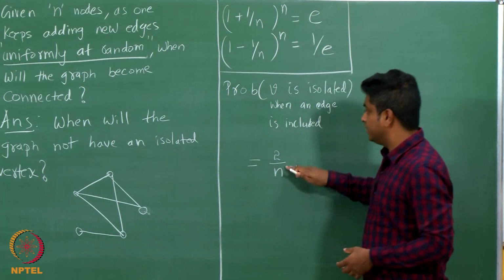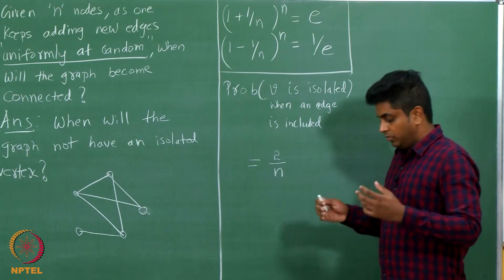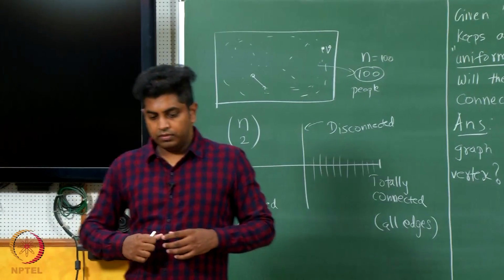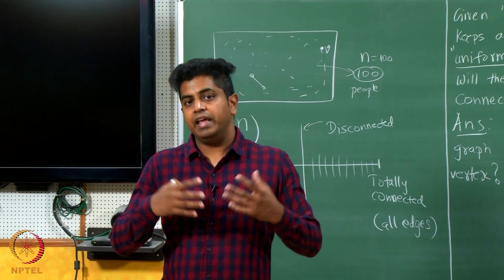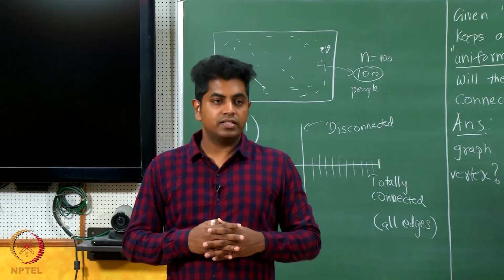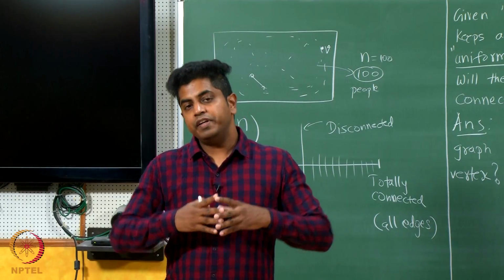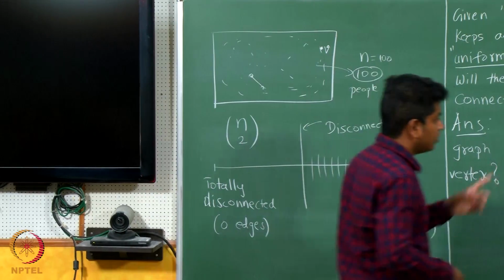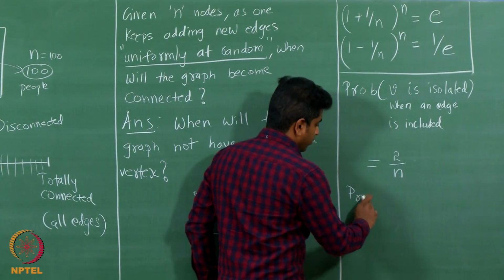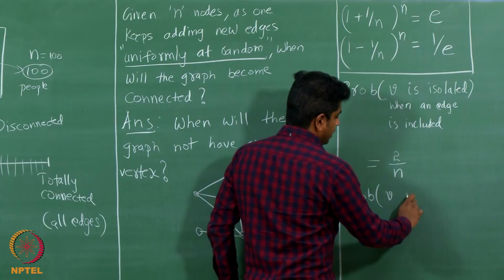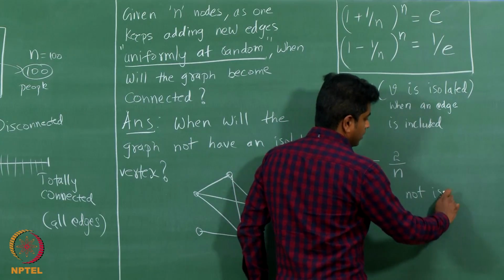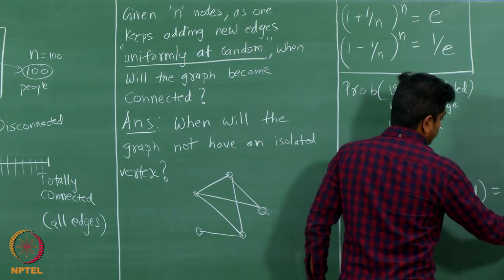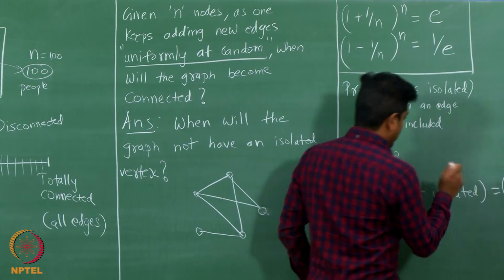As I keep doing this, you know, the probability of having rain today, if it is let us say 1 by 4, the probability of it not raining today is 3 by 4, correct. So let me say the probability of V not being isolated is 1 - 2/n when you put one edge.